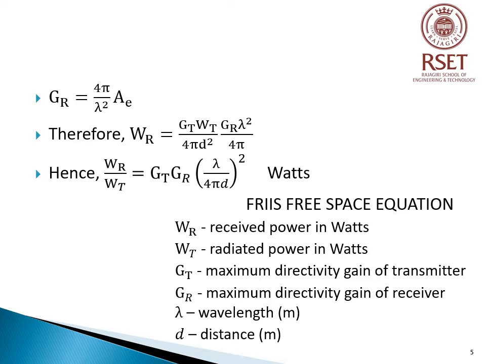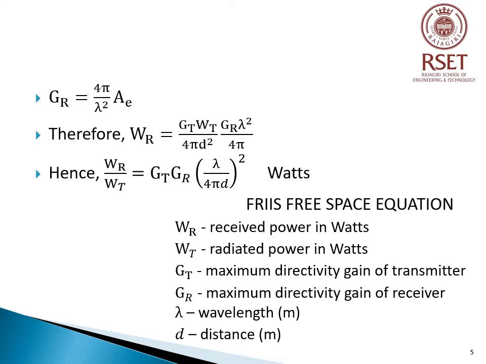Therefore, we can write the ratio of WR to WT, that is the received power to the radiated power, which is equal to GTGR into lambda by 4 pi d the whole square watts. So this is the fundamental equation for free space transmission or propagation.